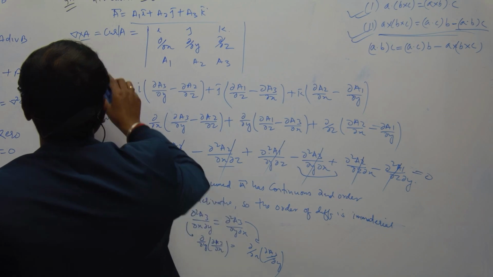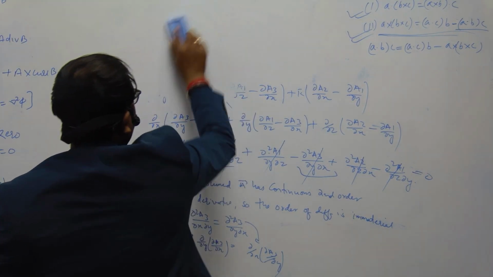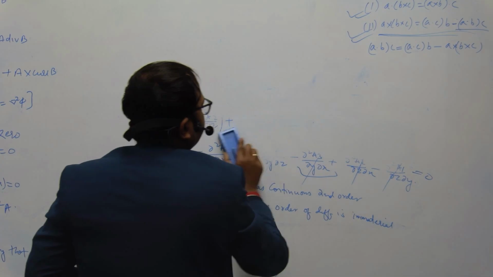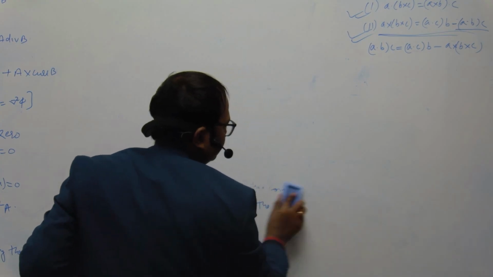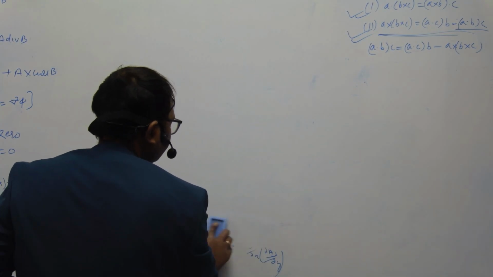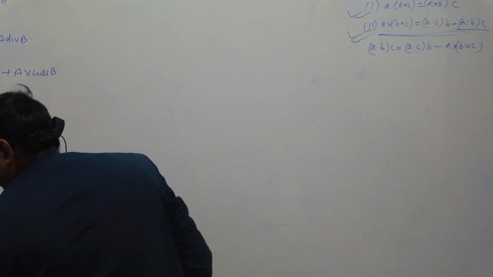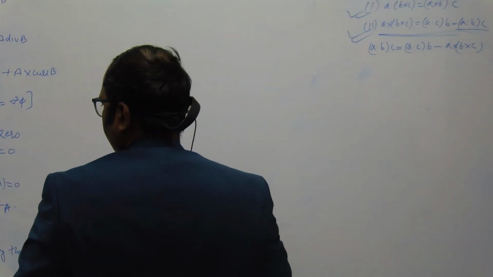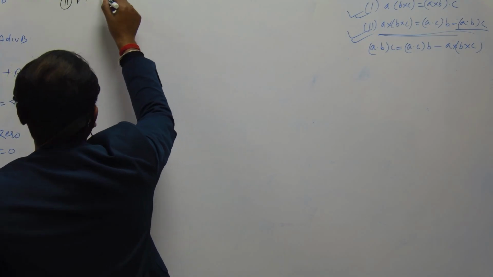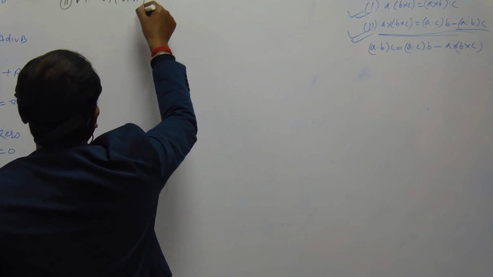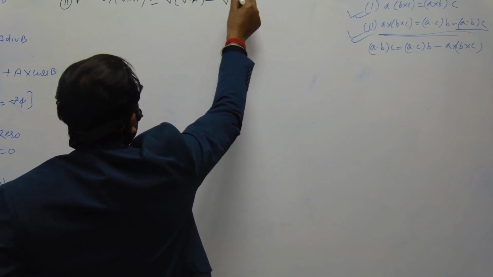In question number 11 we have to prove that del cross del cross A is equal to del of del dot A minus del square A.